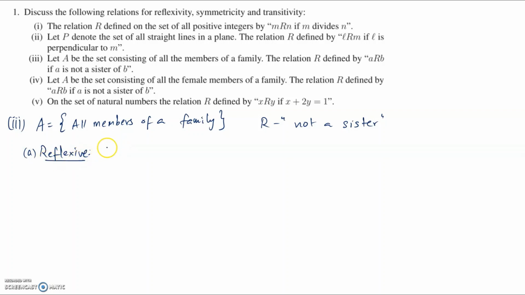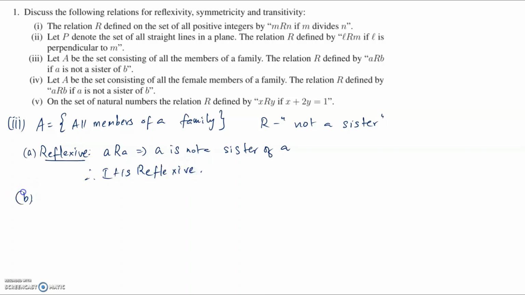A related to A will imply A is not a sister of A. This is true. Therefore, it is reflexive.